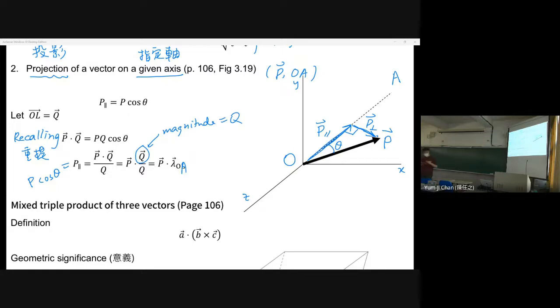Next Tuesday we will use both of them together, and we will have something called the mixed triple product.